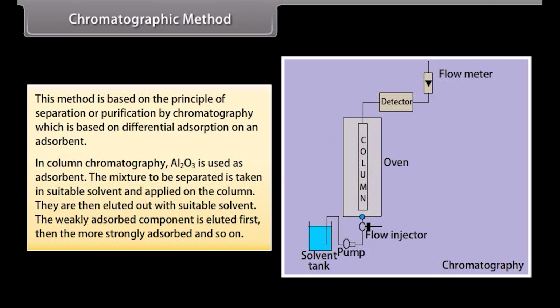They are then eluted out with suitable solvent. The weakly absorbed component is eluted first, then the more strongly absorbed, and so on. This method is suitable for such elements which are available only in minute quantities and the impurities are not very much different in their chemical behavior from the element to be purified.